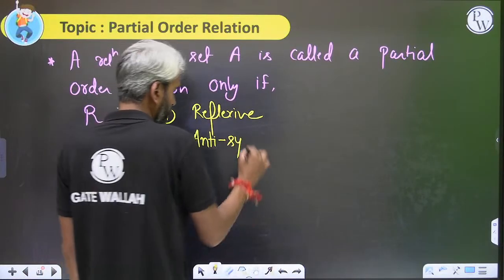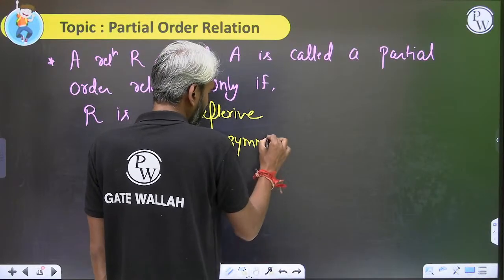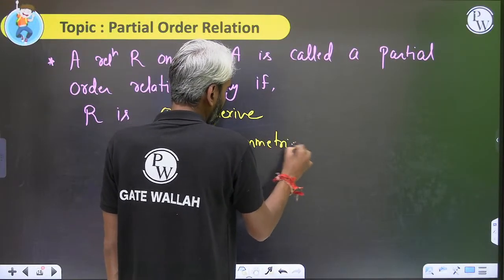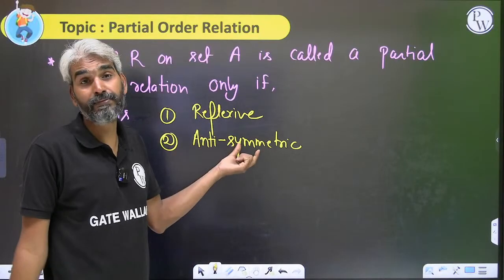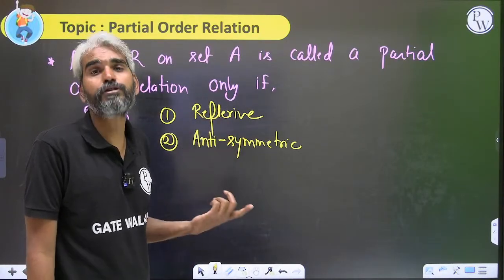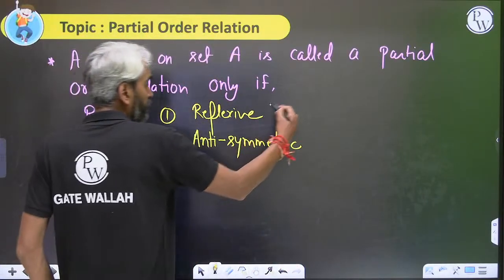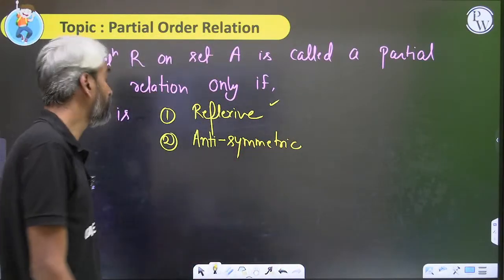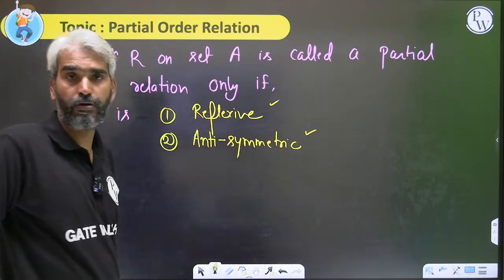So what's there in anti-symmetric? In an anti-symmetric relation, diagonal ordered pairs are allowed, because if you make the relation asymmetric, it can never be reflexive, because diagonal ordered pairs themselves are not allowed. So the relation will be reflexive, that is, all the diagonal ordered pairs will be present. Anti-symmetric will have no problem because of those diagonal ordered pairs.